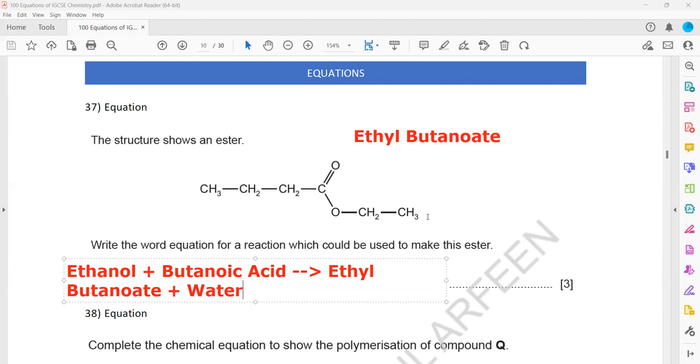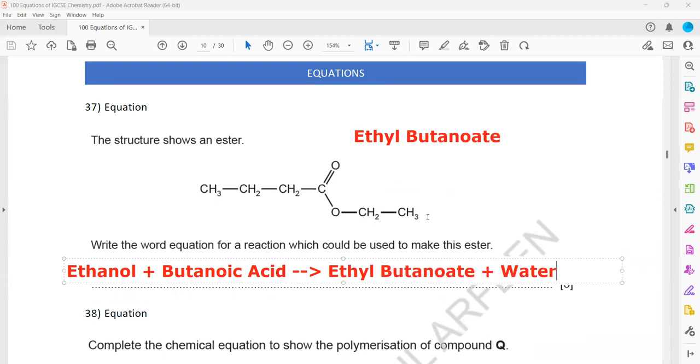And remember the condition: usually this is a reversible reaction, the formation of ester. For the condition, concentrated sulfuric acid is used as a catalyst. Water should be in the equation, because whenever alcohol reacts with carboxylic acid, it will form ester and water.